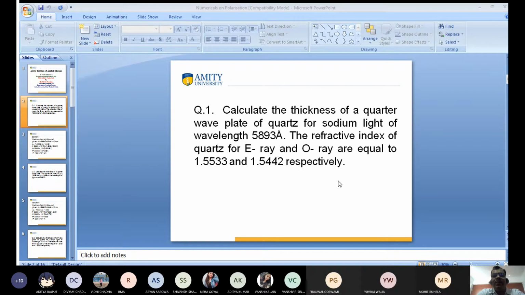This is very important. Sometimes the exam asks a numerical question based on specific rotation. Specific rotation is defined as the rotation when the length is taken as 1 decimeter and the solution concentration is 1 gram per cc.